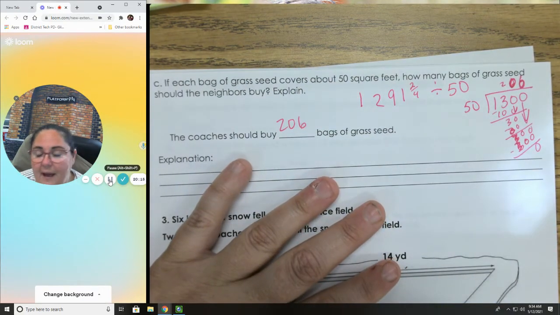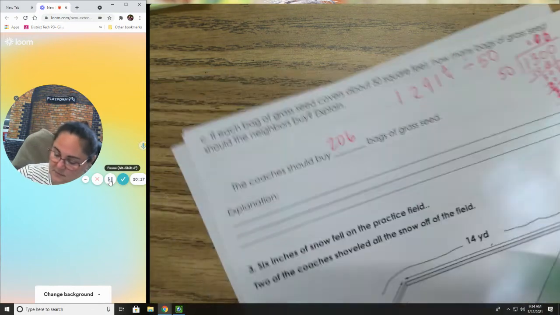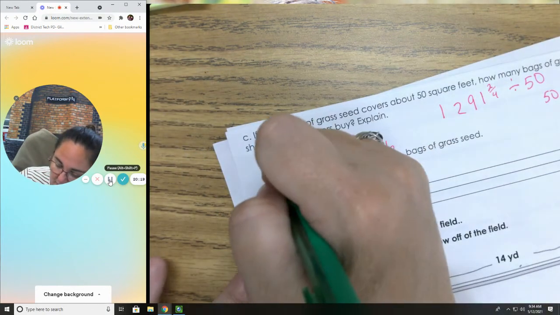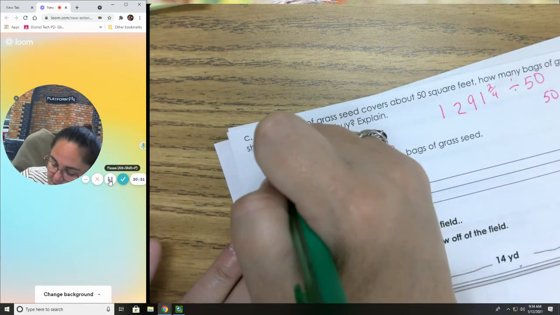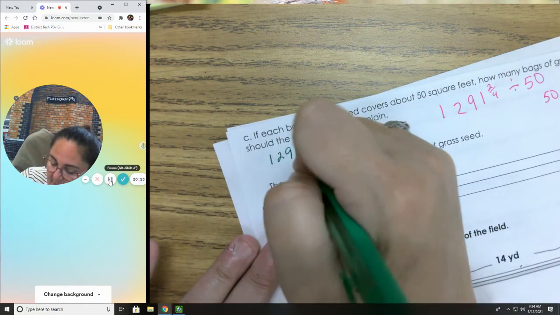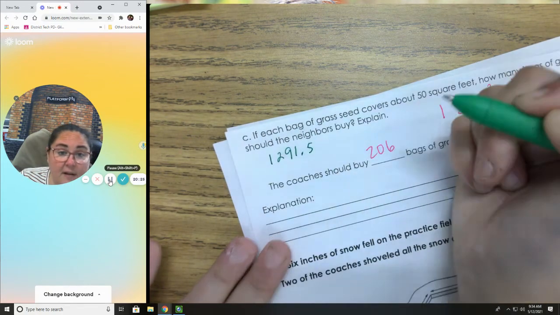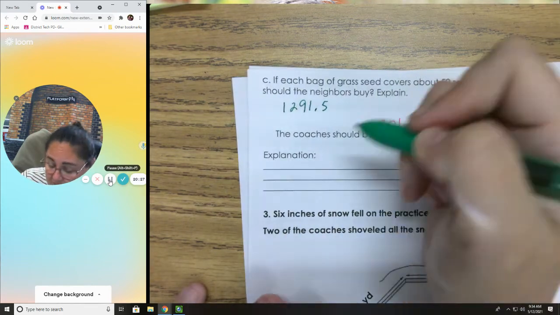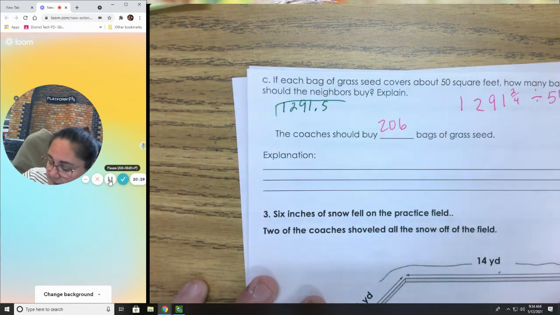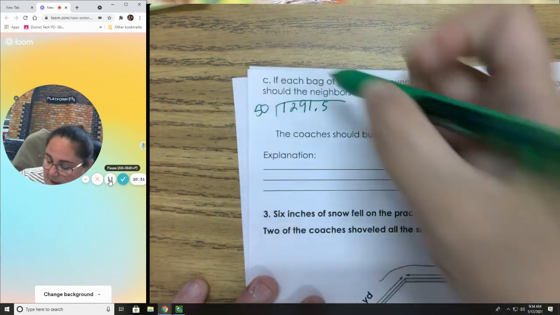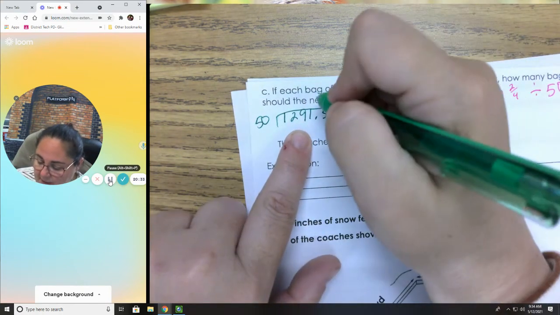Now, if you actually did the division, 1,291, and I know 2/4 is really close to 1/2, so I'm going to put 0.5 and divide that by 50. 50 goes into 120.